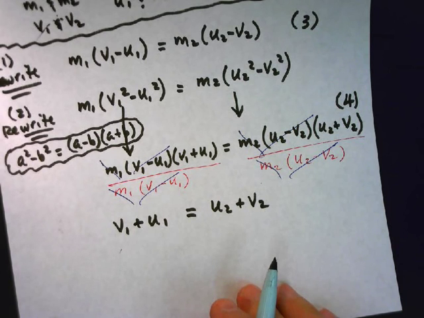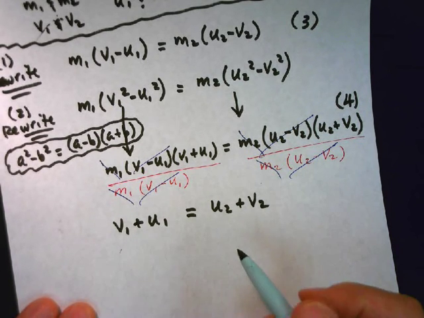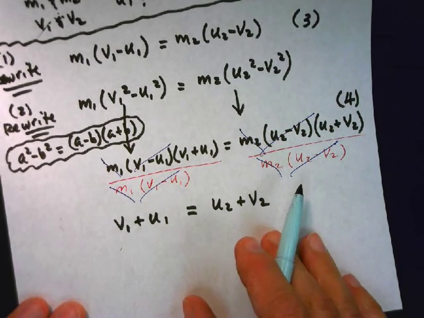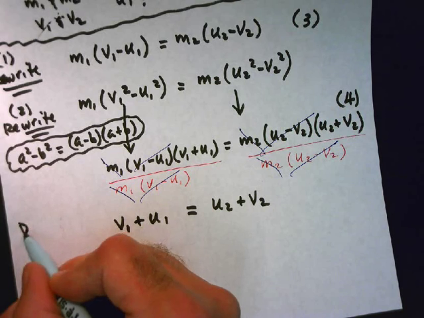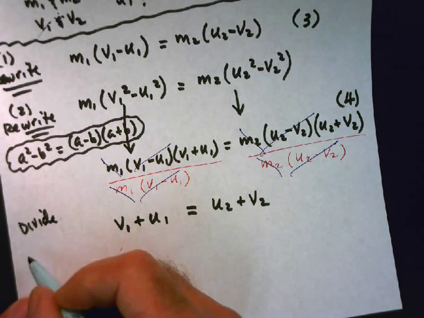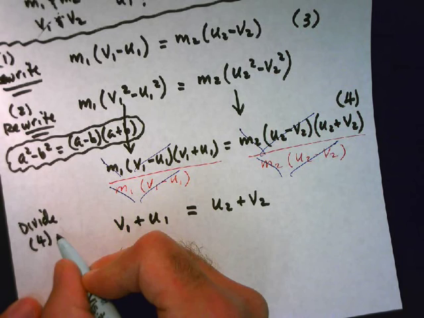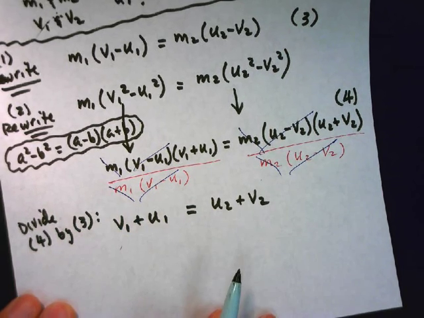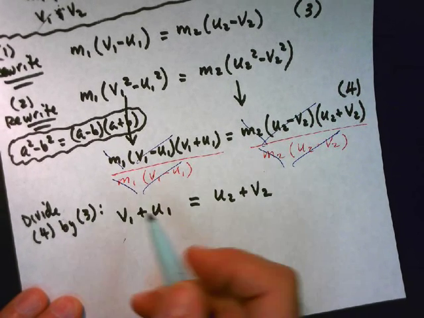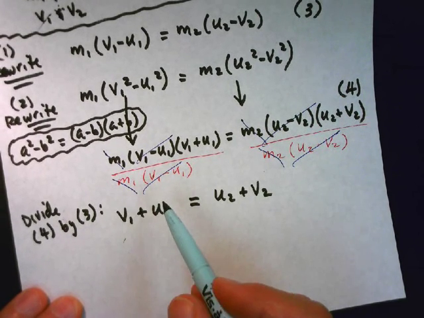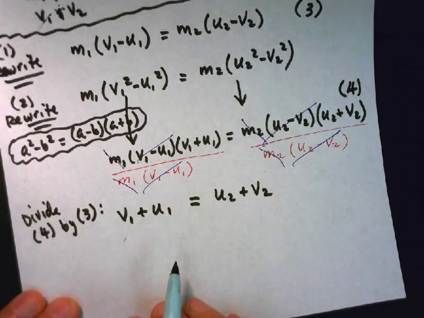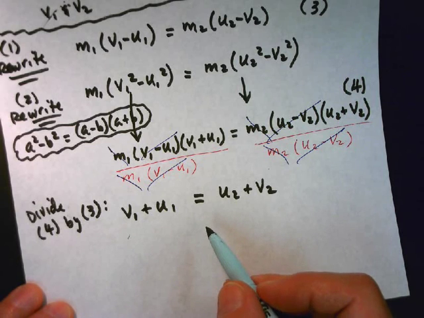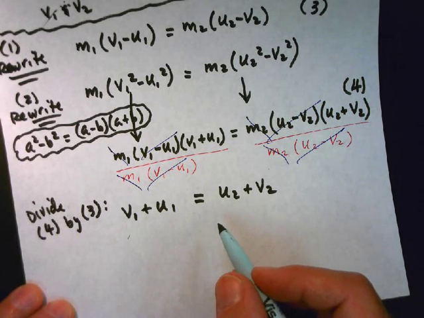Okay, and so that's no matter what the masses are, it's irrespective of mass. So this is what happens when we divide equation 4 by equation 3. That's a nice little theorem there. But usually the way people write it, they just tend to put all the v's on the left and the u's on the right.